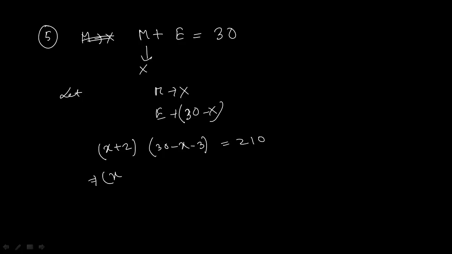That means x plus 2 into 30 minus x minus 3, that is 27 minus x, equals 210. Find her marks in two subjects. That means you have to find x and 30 minus x.